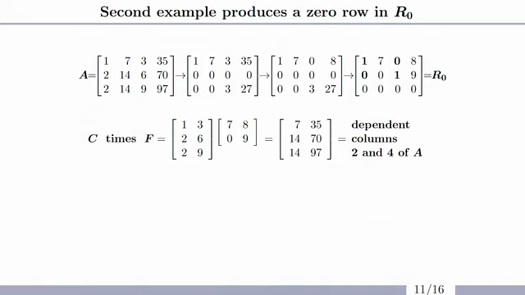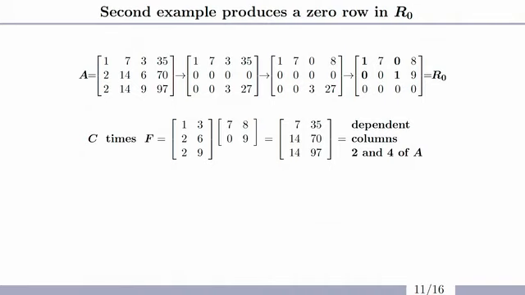Oh, here it got zeros very quickly, because the second row of that matrix, 2, 14, 6, 70, is just twice the first row. So when I subtract 2 times the first row from the second row, I get that 0 row. So I'm now one step along with a row of zeros. That's great.